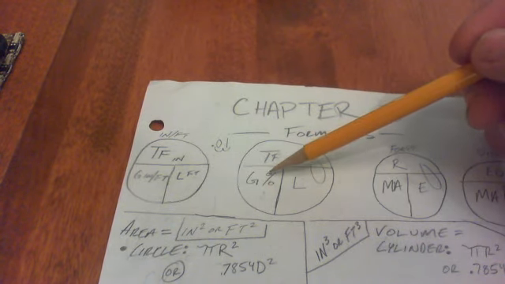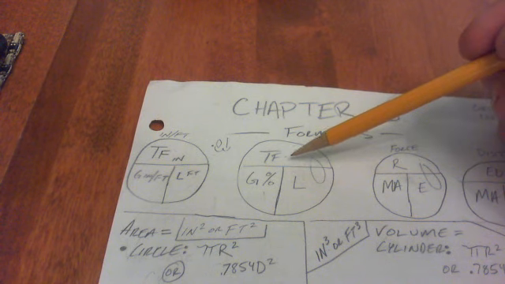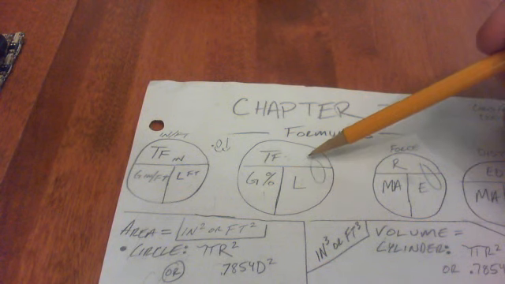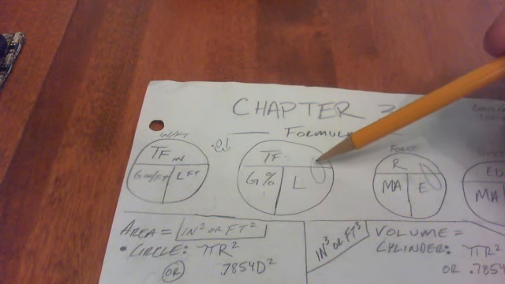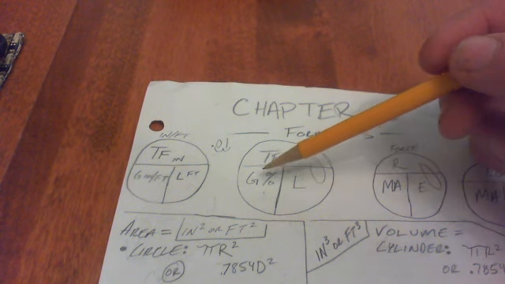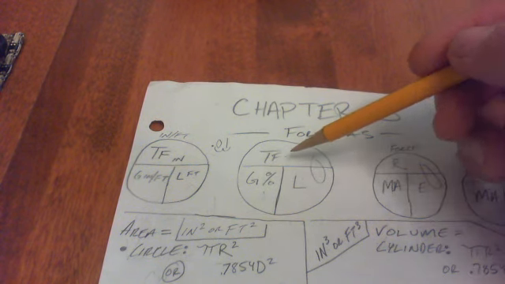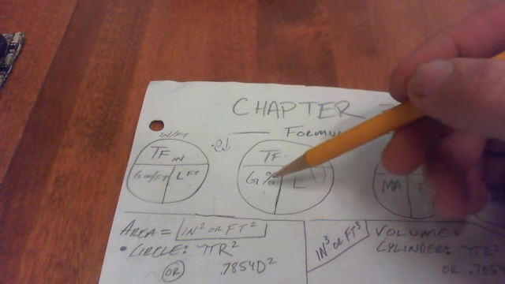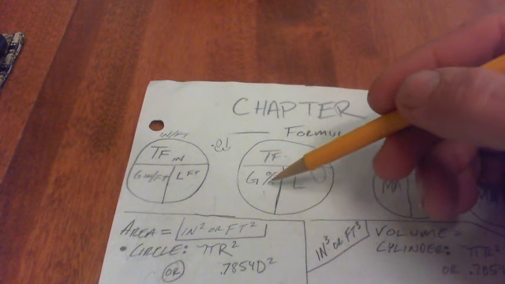If you have grade as a percent, then you use this formula, which requires that the total fall and length be in the same units of measurement. Originally I had a times 100 here, like they showed in the book, but I found that to be unnecessary.